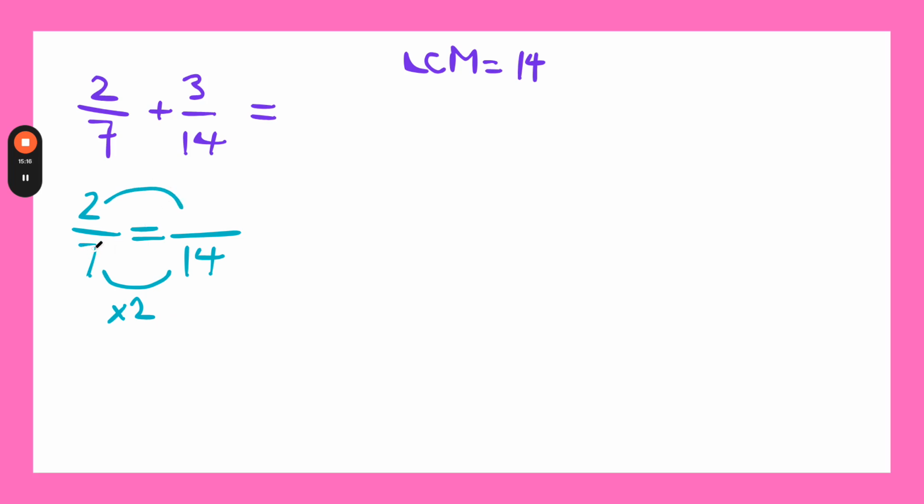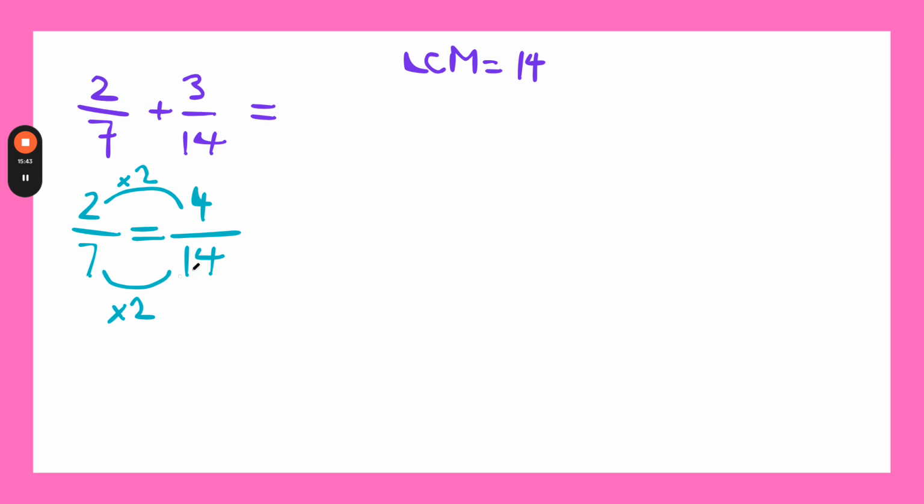So from doing this operation, because we performed it on our denominator, we must perform the same to our numerator. So we do 2 multiplied by 2, which is 4. So 2 over 7 is equivalent to 4 over 14.